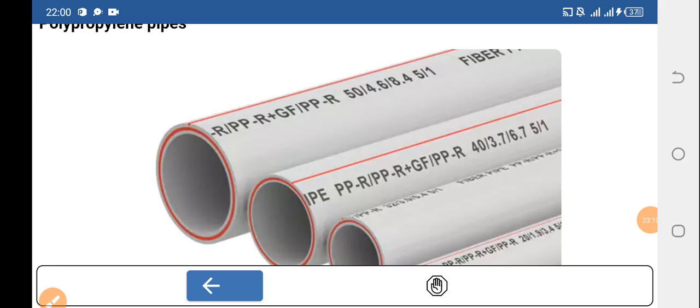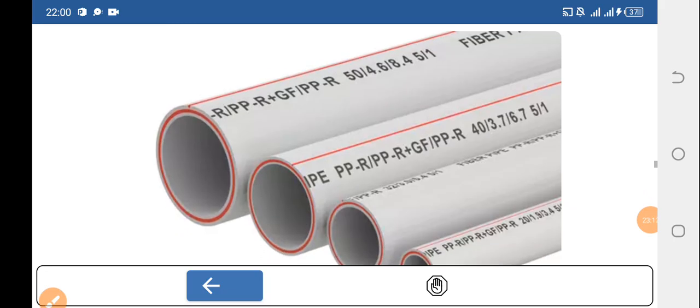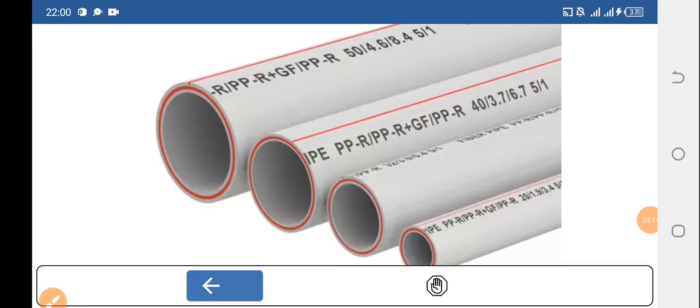And also looking at the manufacturer's recommendation and specifications. As you can see on the pipe, there are some writings: PPR, PPR plus, GF, PPR 40/3.7, 6.7, 5/1. These are some of the specifications that you also need to understand.